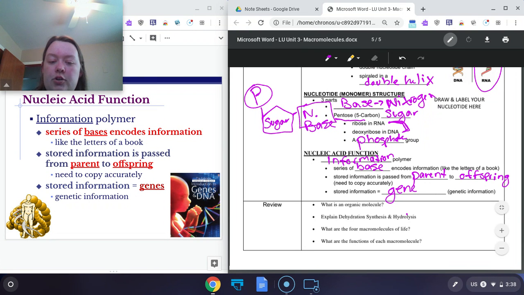Lipids, long-term energy, insulation, protection of organs. Proteins speed up chemical reactions. They help protect you from bacteria and viruses. They transport nutrients throughout your body. That's just a few of those for proteins. And then nucleic acids, they're used for heredity.